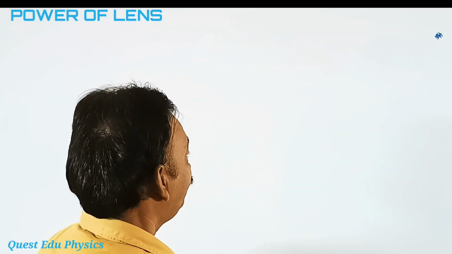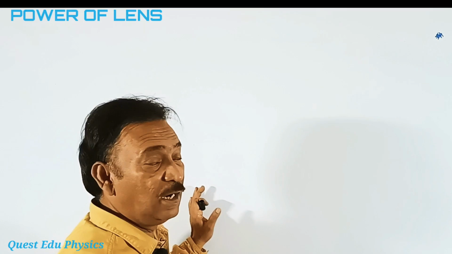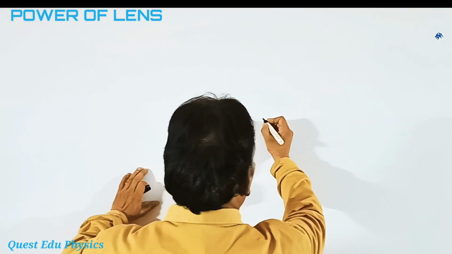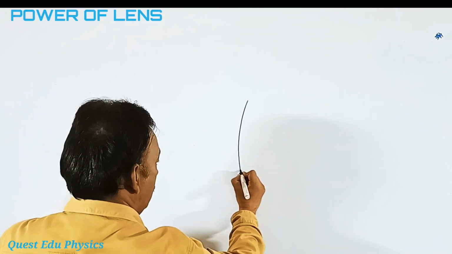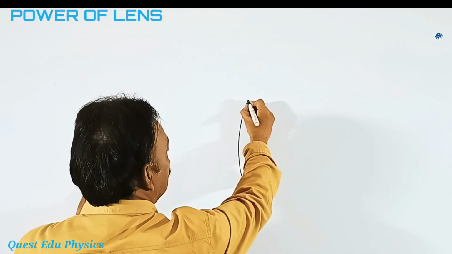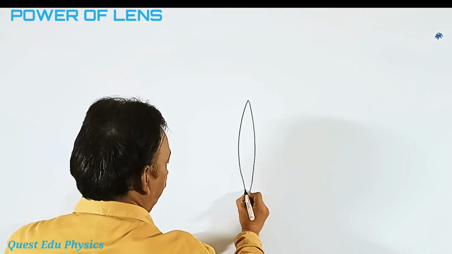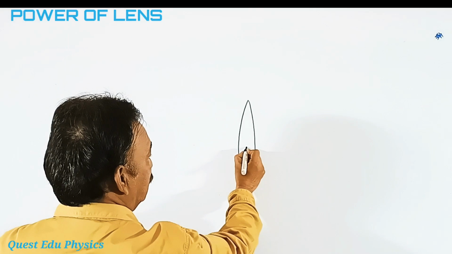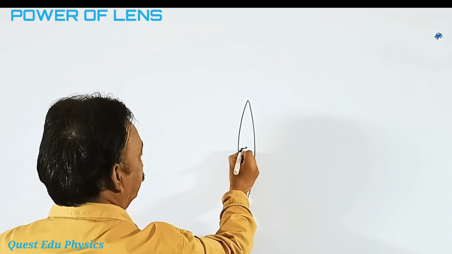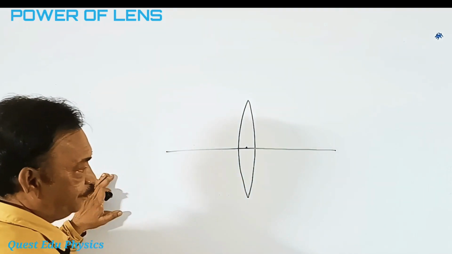Then see, we have to understand what this degree of convergence or divergence is. And we learned that if you take a thin convex lens, okay students, and it has the optic center and the principal axis.